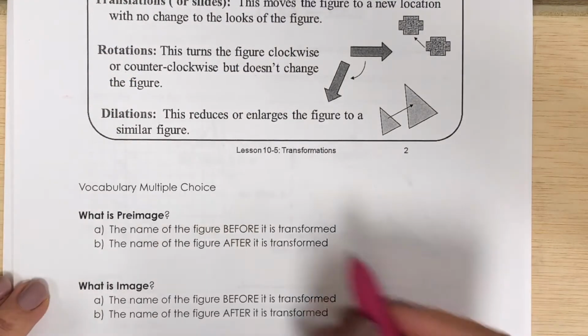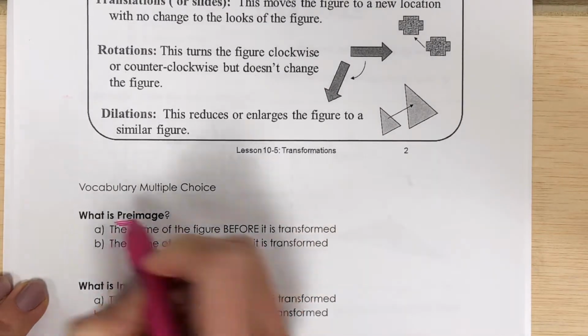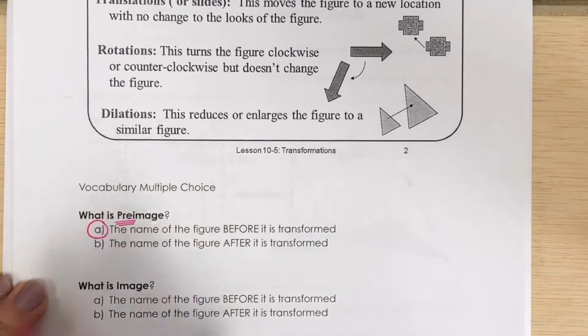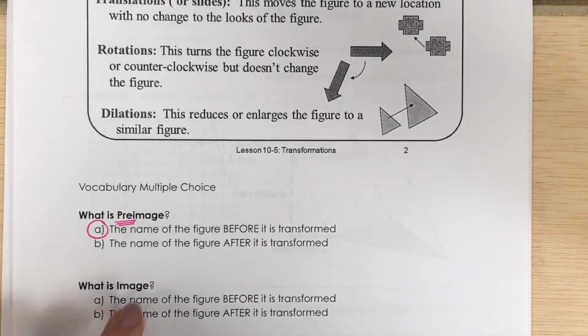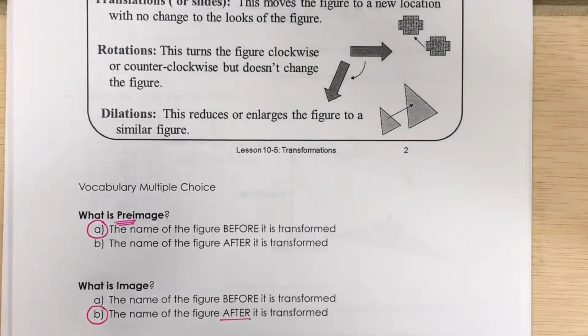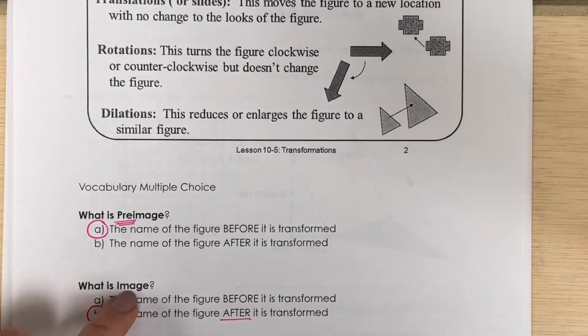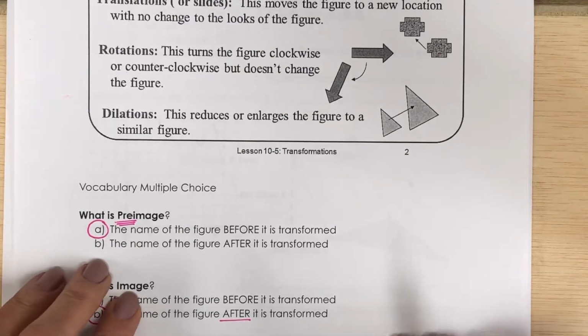So a pre-image, pre meaning before, is the name of your figure before it gets changed. The image, I think you can probably figure this out, is the name of the figure after it gets changed, after it's rotated or reflected or dilated or whatever. So pre-image is before the change happens. Image is the name of it after it happens.